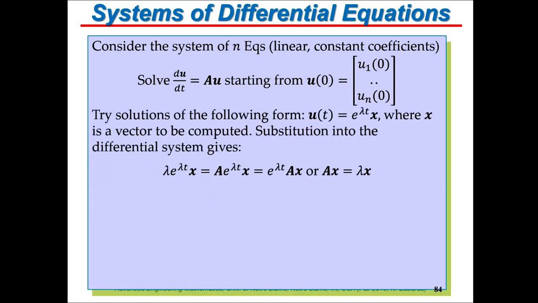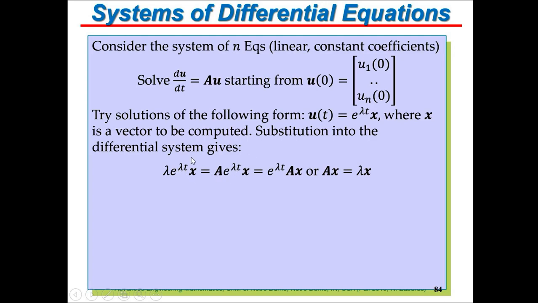So we're going to try to look for solutions that have the form u of t equal e to the lambda t times x. At this time, we don't know what lambda is going to be. We don't know what x is, but we're going to assume that this is the general form. So if you substitute this equation, on the left-hand side you get lambda times e to the lambda t x, and on the right-hand side you get A times e to the lambda t x.